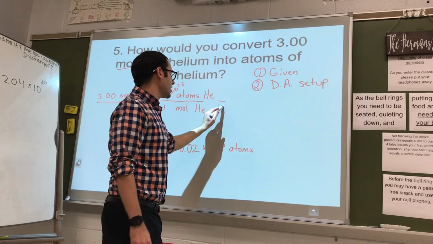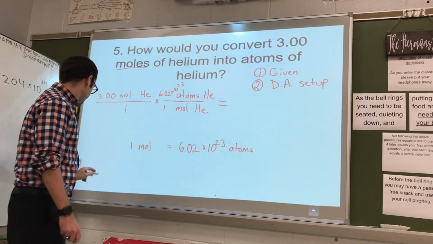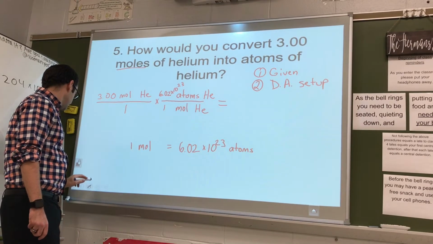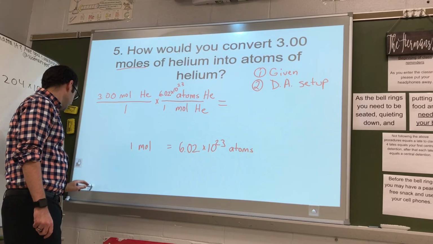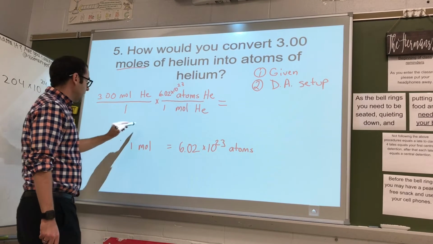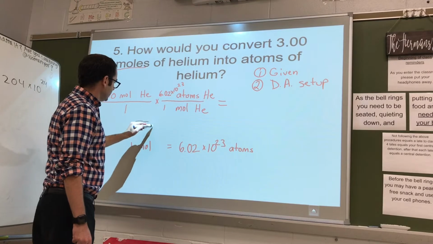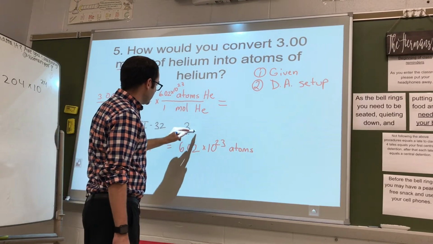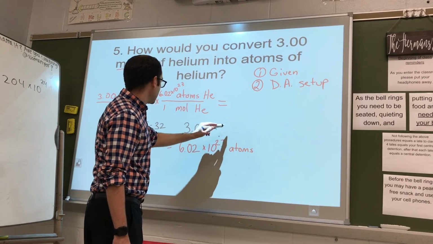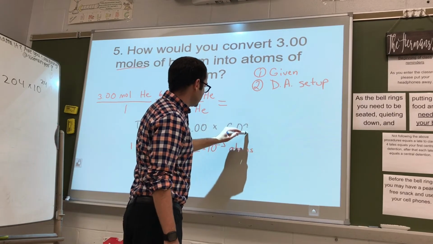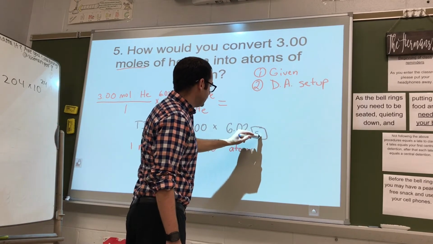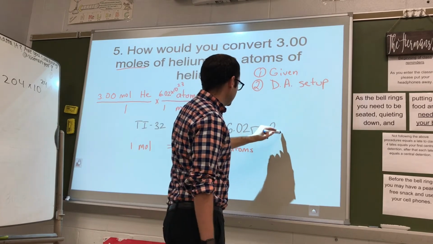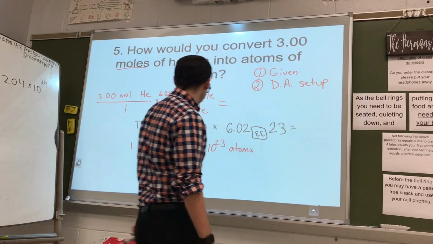Okay, so let's try to put this in our calculator. If you have the TI-32, you should type in 3.00 times 6.02, find that E button, and then 23, and then enter.